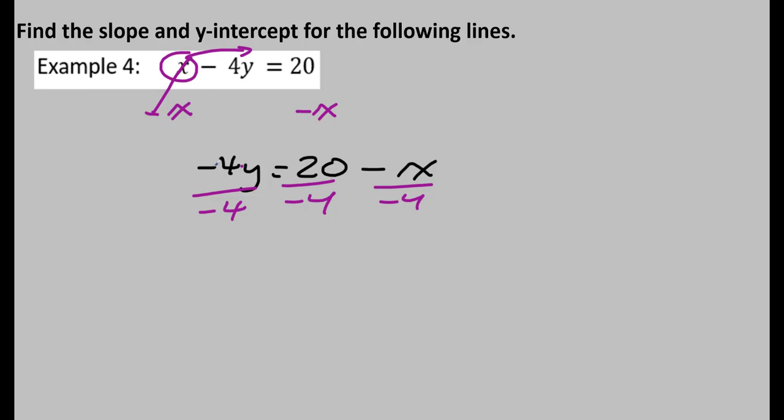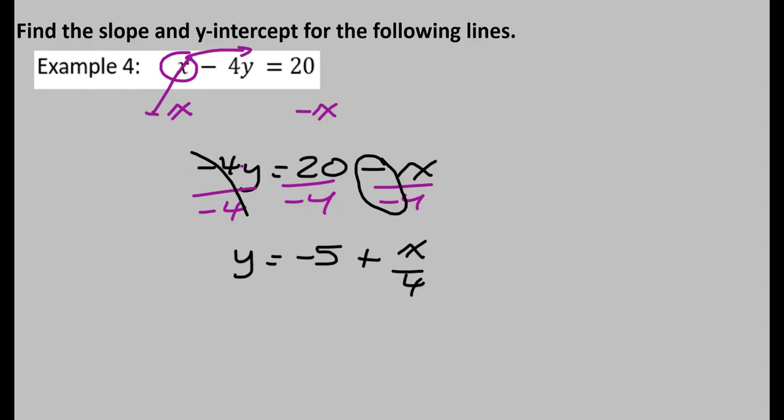So then I get positive 1y, or just y, equals negative 5 minus, is it minus actually? If I have 2 negatives divided by each other, they actually simplify to positive. Now you might be wondering, I don't get it. X over 4, what would the slope be? Is the slope x over 4? Not quite.